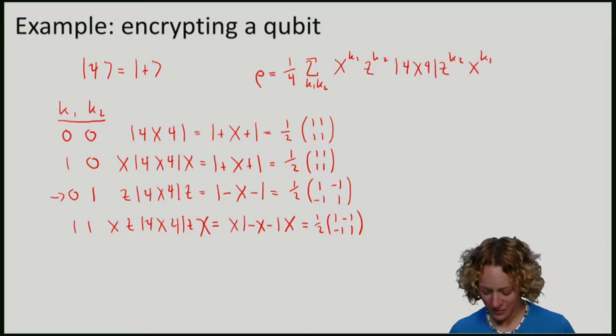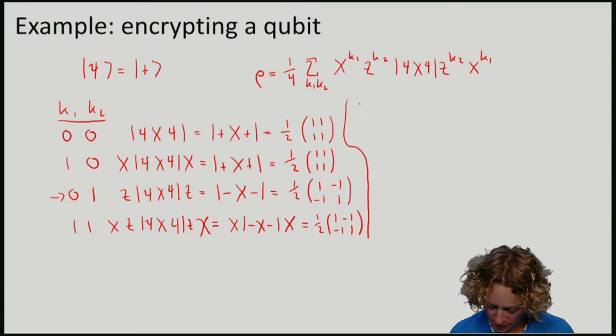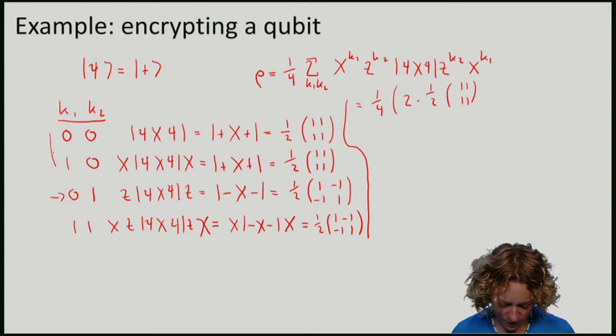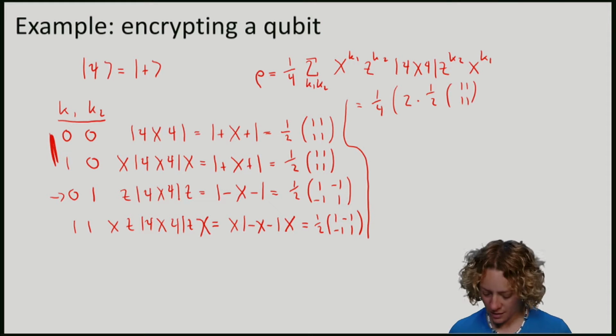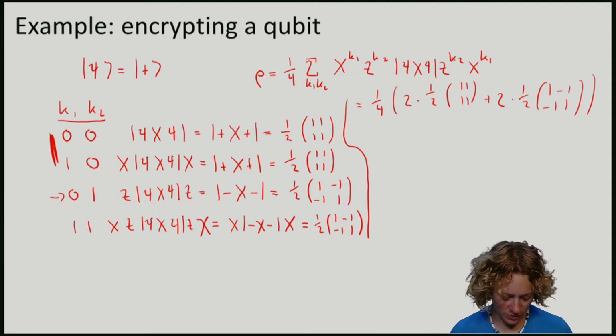So let's now compute what this average state up here actually is. If I plug in these 4 cases, we see that we have overall factor quarter in front. We have 2 times half 1, 1, 1, 1 from these 2 cases here, plus 2 times half 1, minus 1, minus 1, 1 from these 2 cases down here.